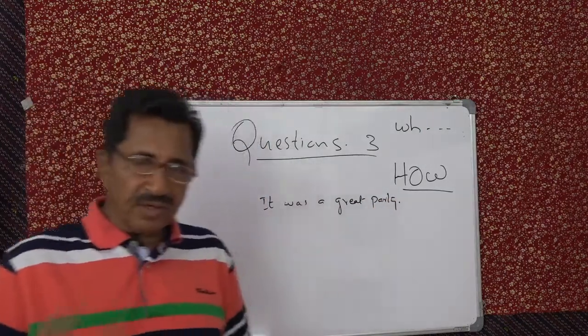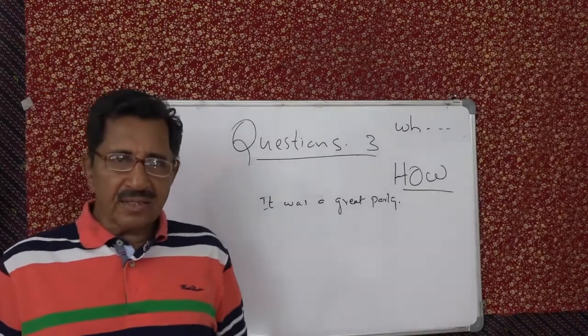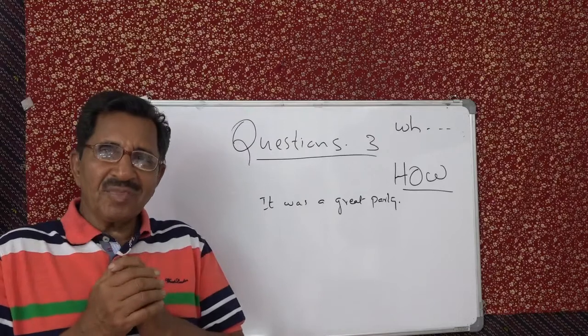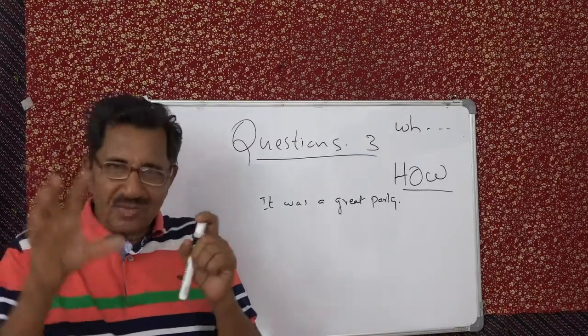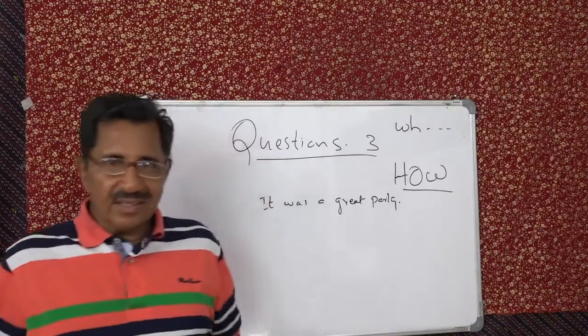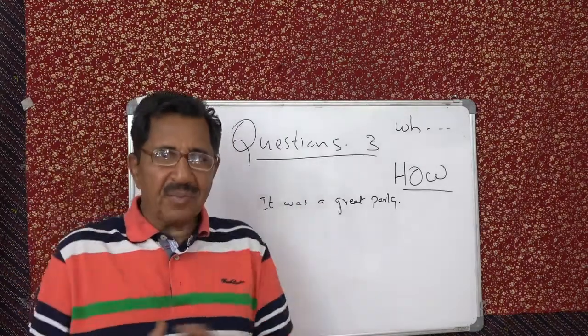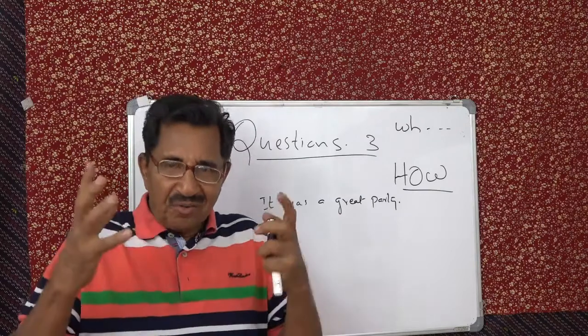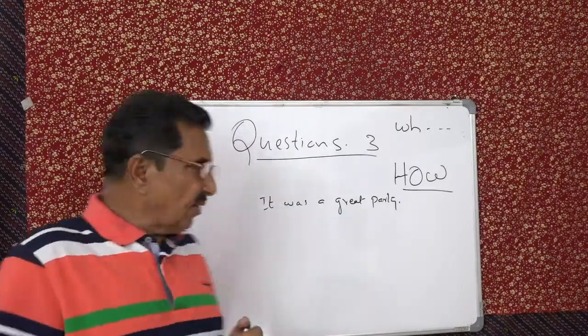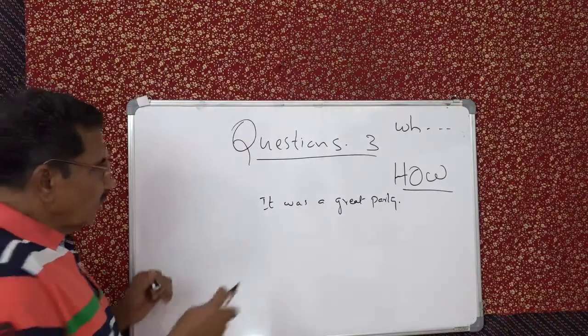Then one of your friends met you and he wants to know the atmosphere, the form of the party, the luxury of the party, the food of the party, all together. Then how will you say? He uses this word how.